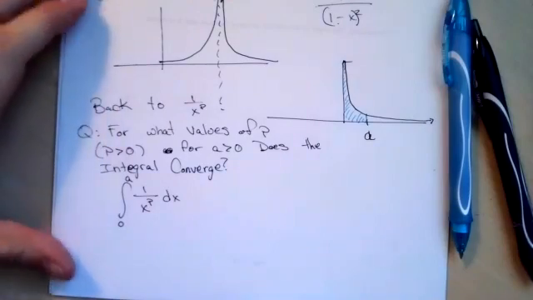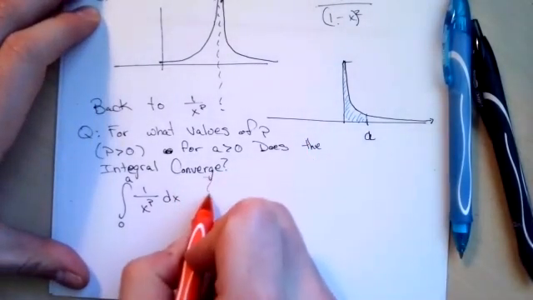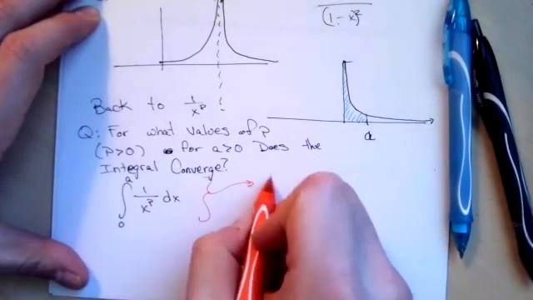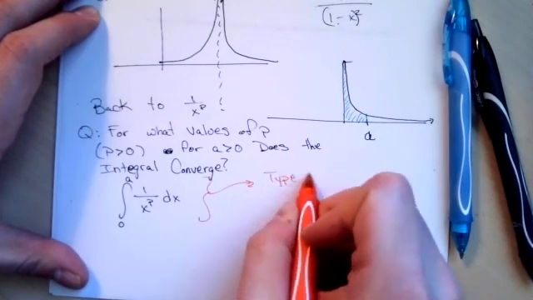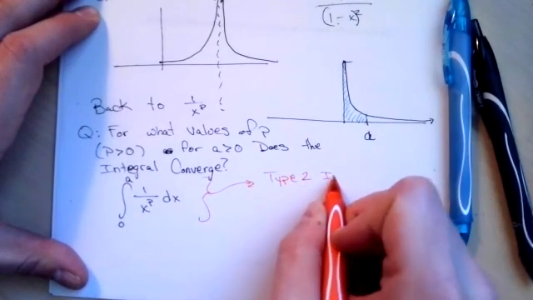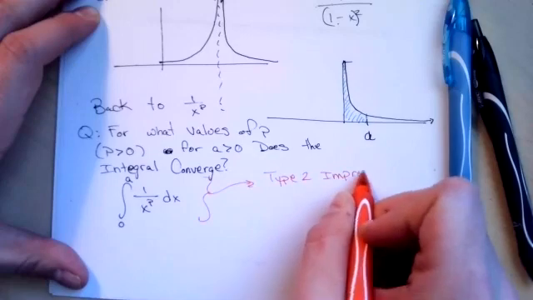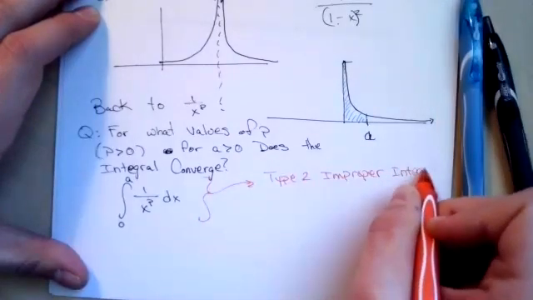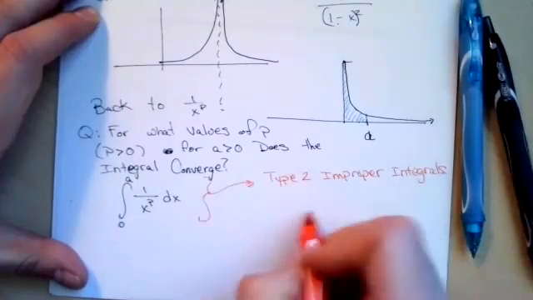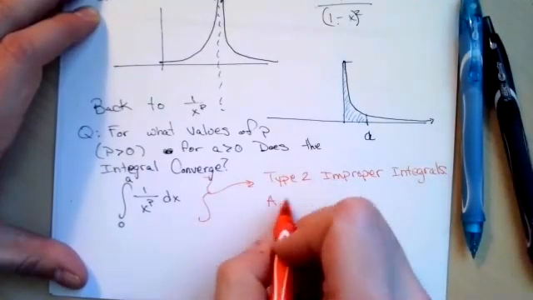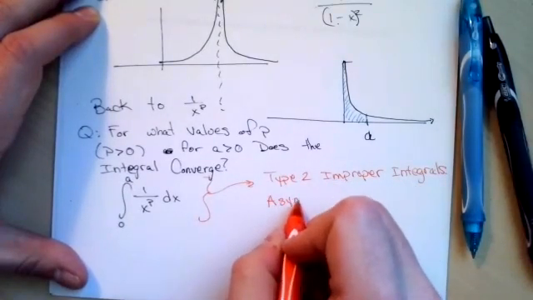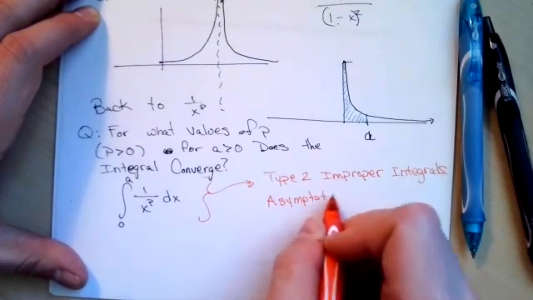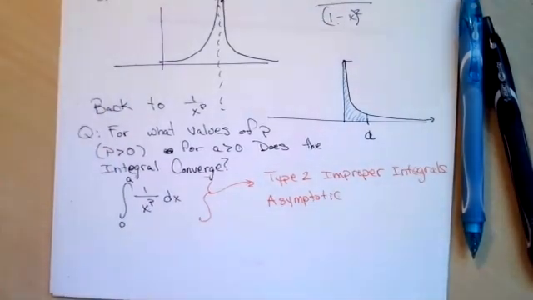So integrals of this type, I think the book calls them type 2 improper integrals. I would call it asymptotic. Asymptotically improper.